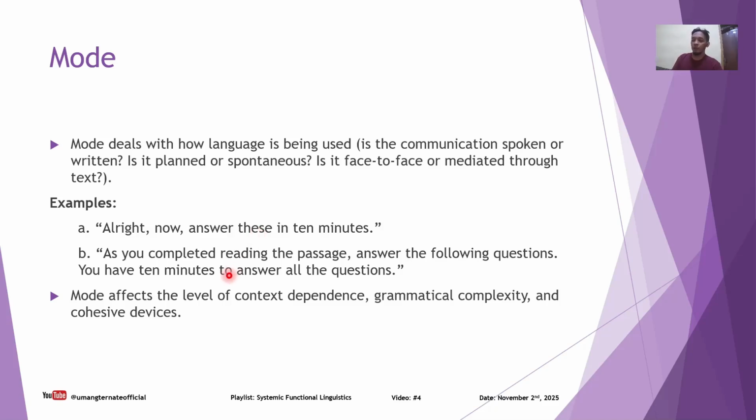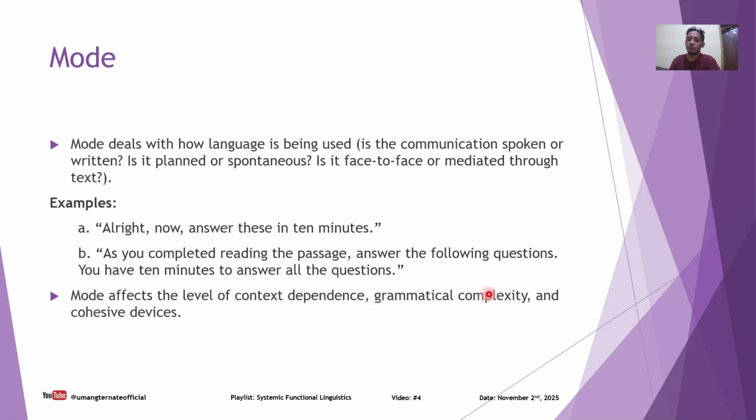Okay. Meanwhile, example B seems to be written expression because the writer provides sufficient information to avoid repeating the words. So what we can say here is that the mode affects the level of context dependence, as we can see here that the interpretation of this text will depend on the context.